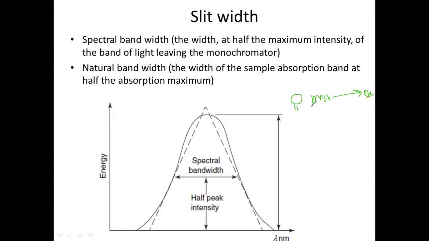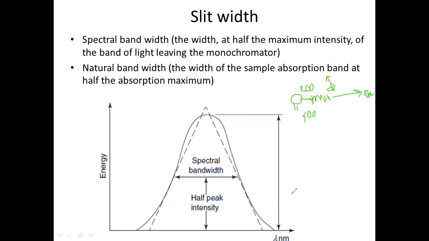You have started scanning, say the source emits from 200 to 400 nanometer, and the monochromator will start sending first 400 nanometer, then progressively decrease up to 200 nanometer, and your detector is going to measure the intensity of each wavelength, and what you will see is a plot of wavelength versus the energy of each wavelength.